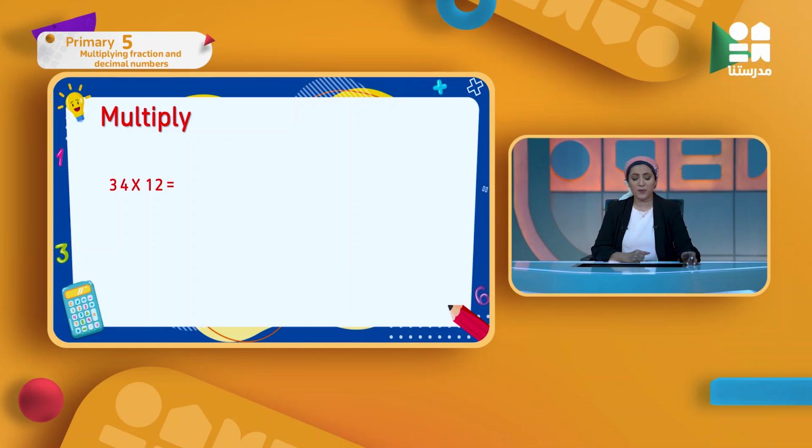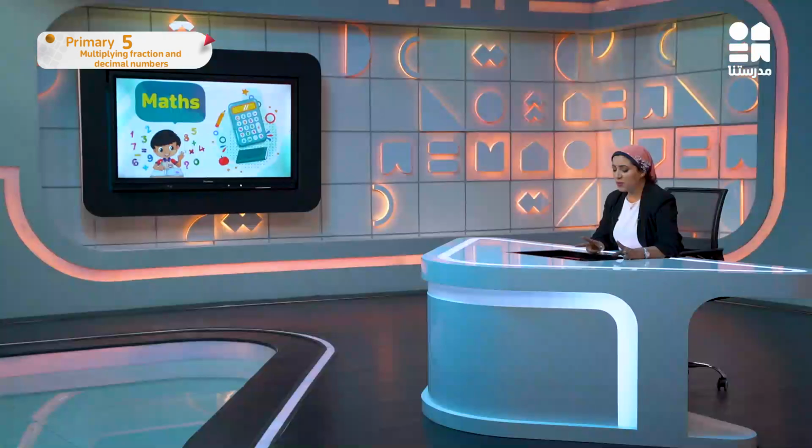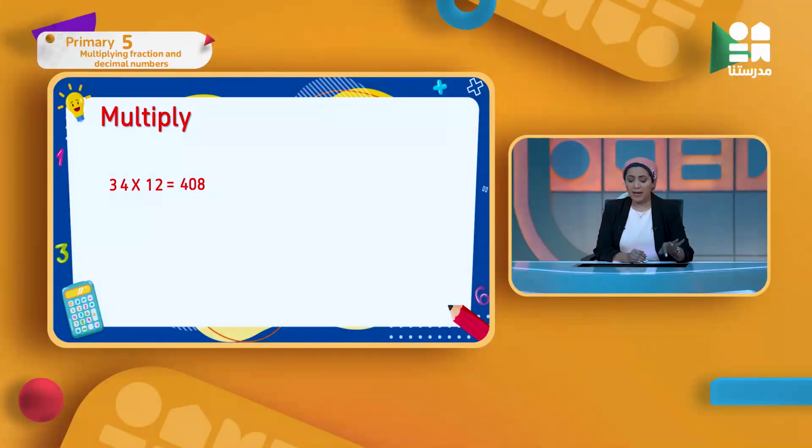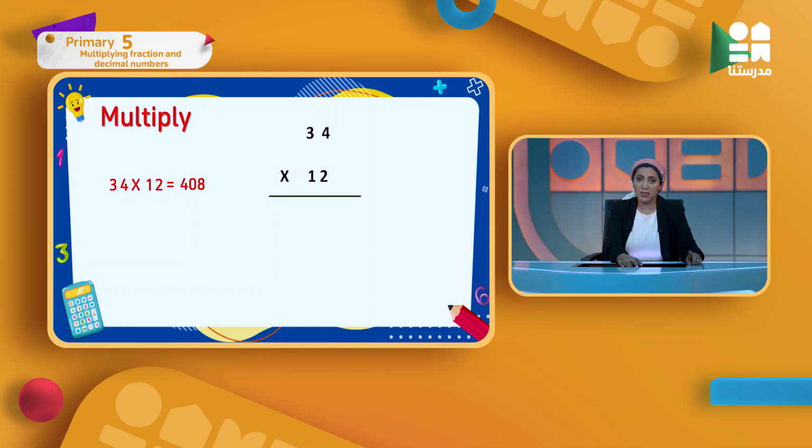Now let's move to another example. In the same way, here I have a two-digit number times a two-digit number. So in this case, I will also put them on top of each other. If you don't put them on top of each other it will be confusing. So I have to put it on top of each other, and then I have first to use the units digit and multiply it by every digit on top.